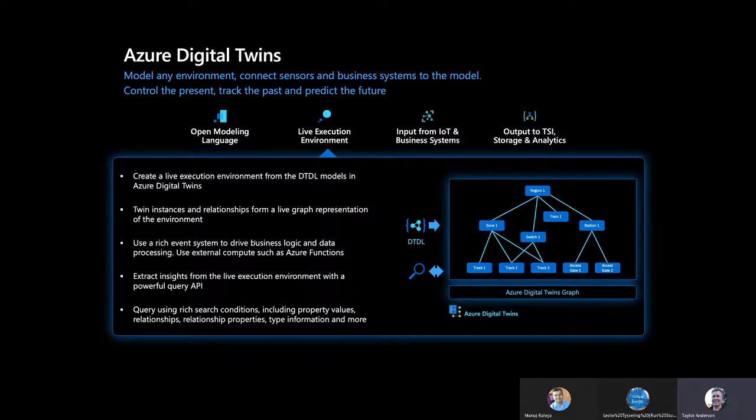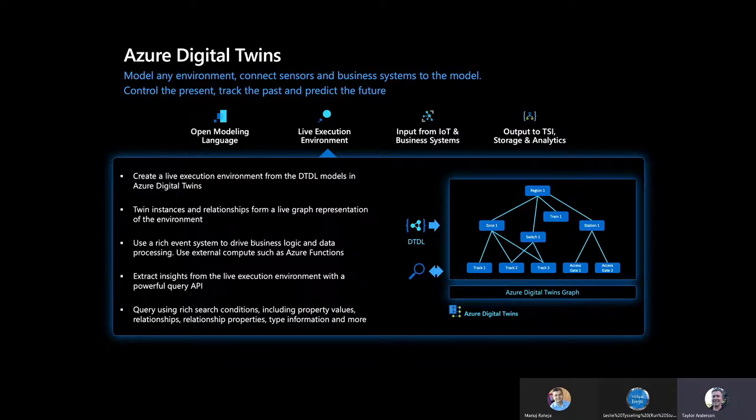So one of the most powerful capabilities of Azure Digital Twins is the ability to query this graph here. And you can use all kinds of different search conditions when you're performing a query, including searching by property values or searching by the relationships between twins, as well as type information and even more.